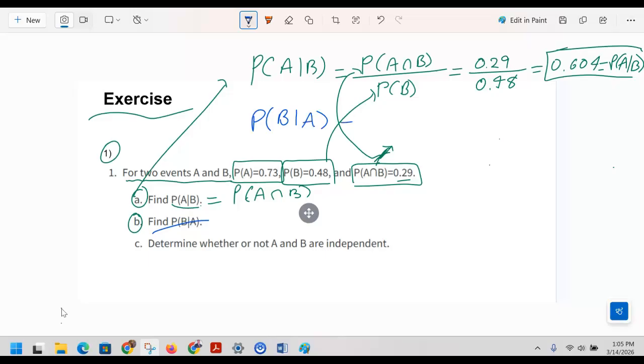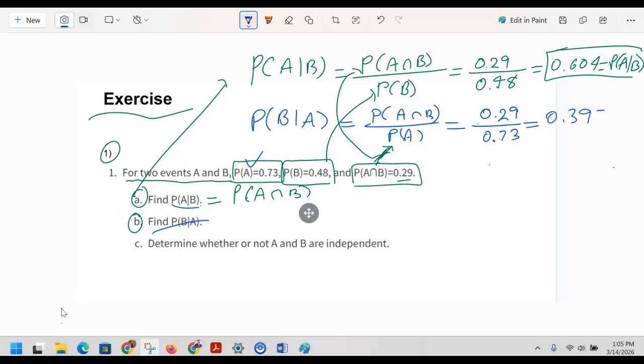Again, the same thing: the probability of A and B divided by the probability of A. A and B is 0.29 and A is given as 0.73. If you use the calculator, you get 0.397. So this one is the probability of B happening when A has occurred.